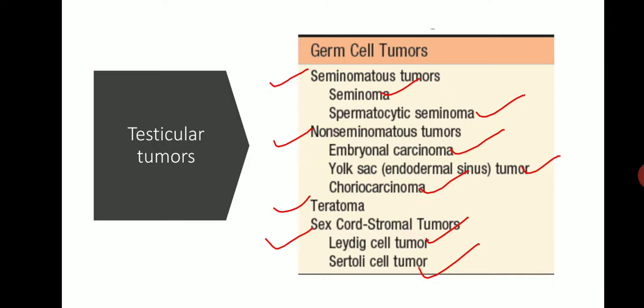Teratomas and Leydig cell, Sertoli cell tumors are very rare, and we have discussed yolk sac tumor in the ovary, so I didn't discuss it here. Embryonal carcinomas and choriocarcinomas are also extremely rare. Most of the tumors that you will see in the testes are seminomatous tumors, or they are mixed germ cell tumors. So we have discussed only those three things in our discussion.